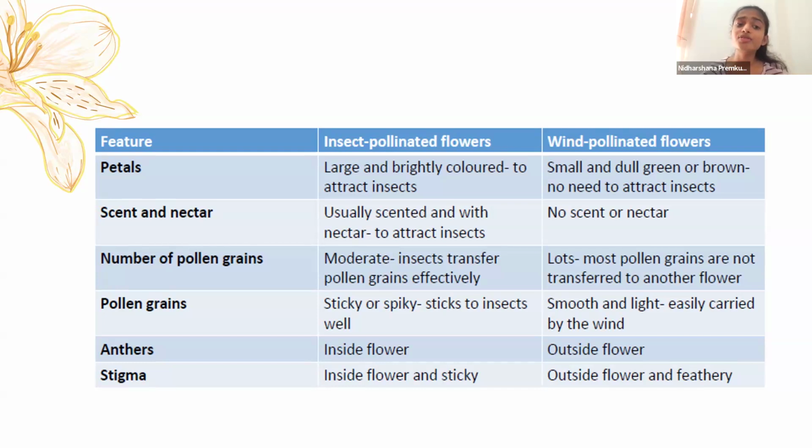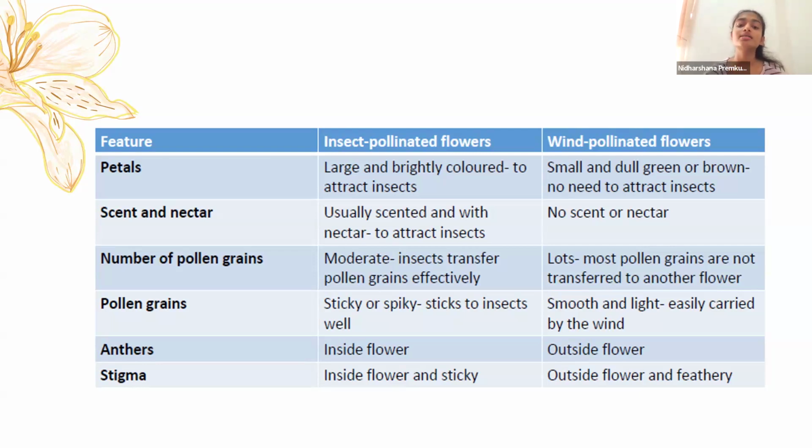Then, when it comes to scent and nectar, insect-pollinated flowers are usually scented in order to attract insects. So, we know most flowers have a nice smell. Roses have their own scent. Jasmine has its own scent. And they also contain nectar.